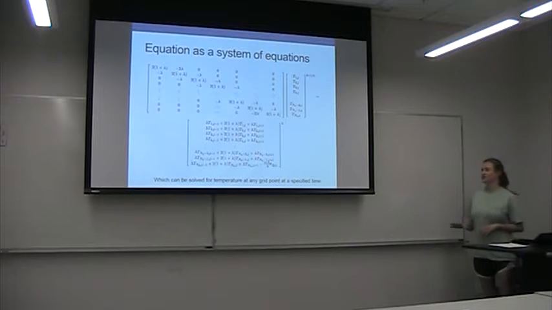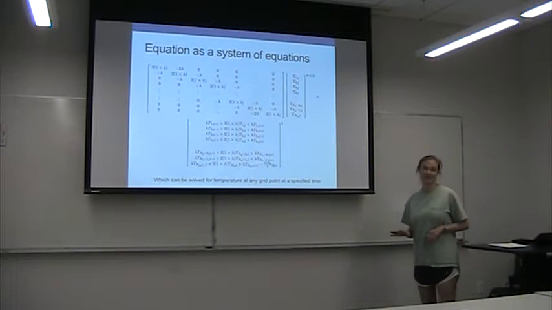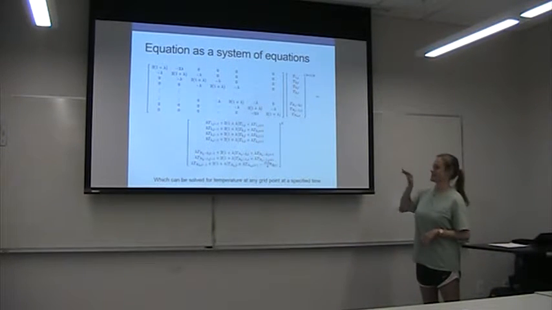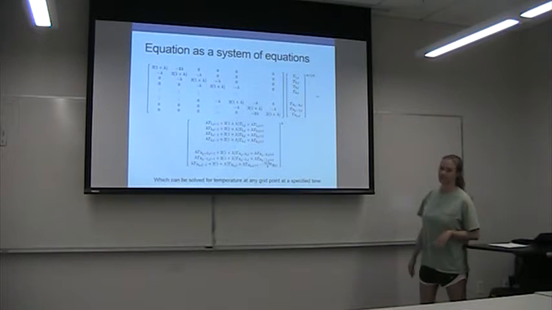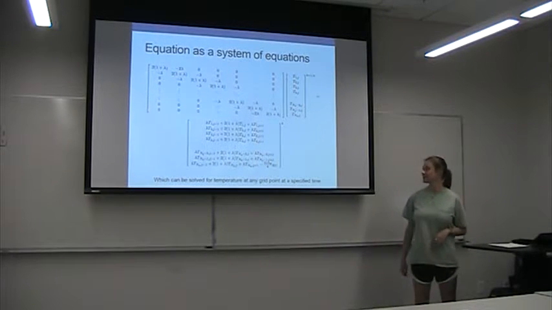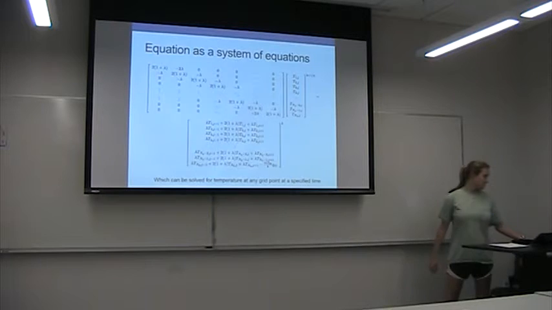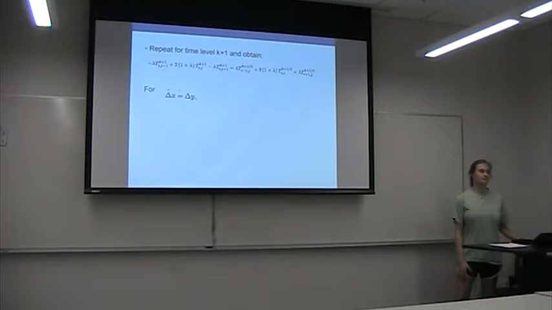You can take that equation and do a bunch of stuff to it, and you get a system of equations that can be solved for temperature at any grid point at a specified time. Then you repeat it for different time levels to find different temperatures at different locations at different times.